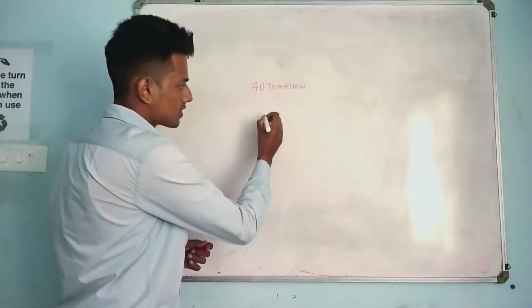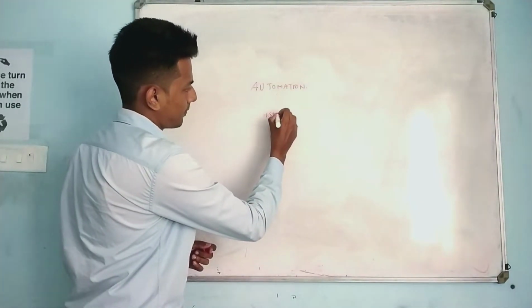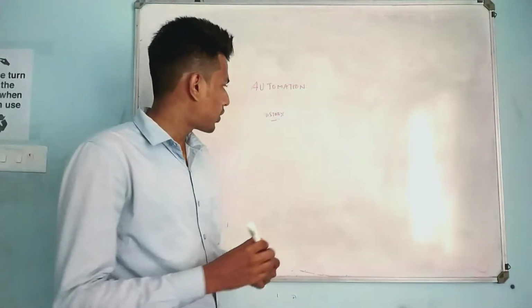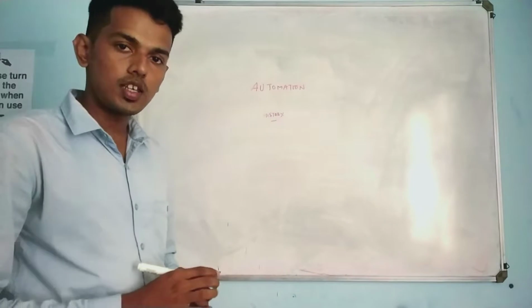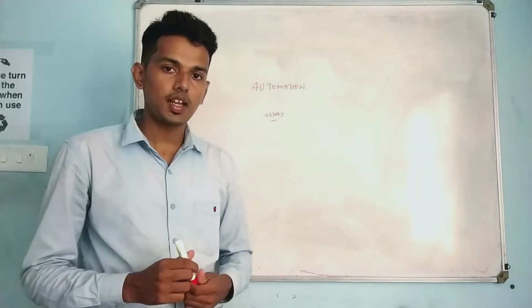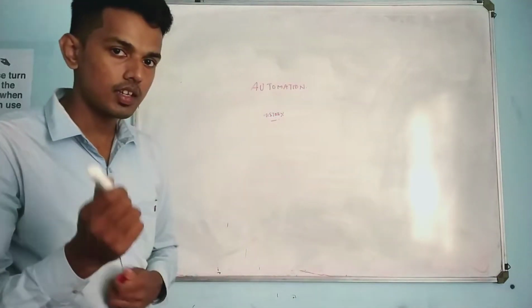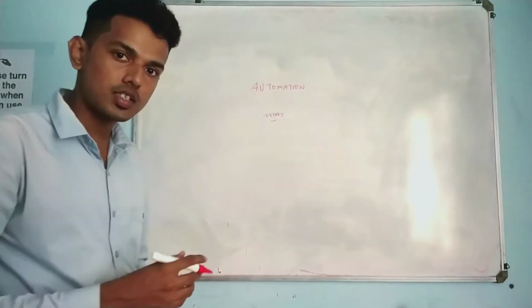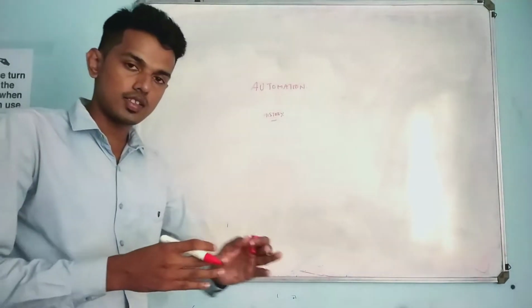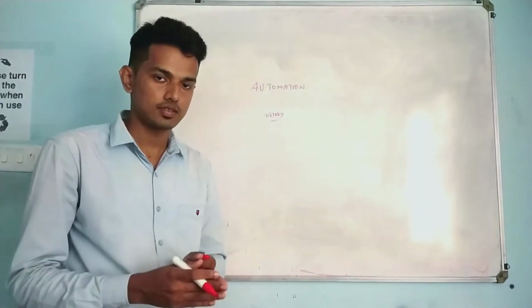Now, what is the history of automation? The history of automation is that usually after the Industrial Revolution, people or companies began to think of doing something which makes production more, so that the increasing population can be met.